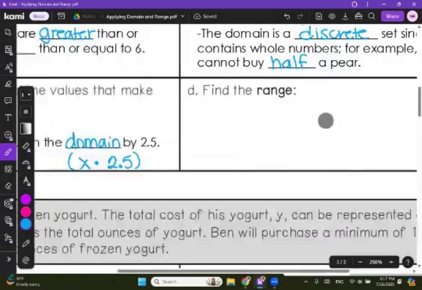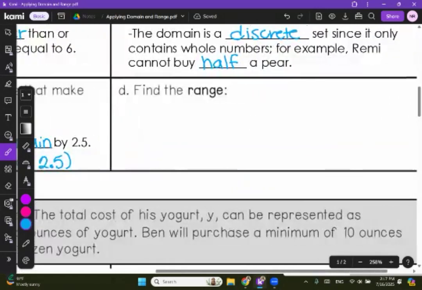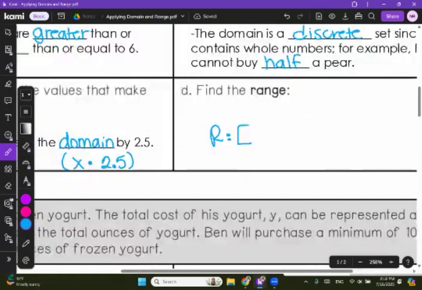They actually want us to find the range. Well, let's do it then. If we were to purchase 2 pears, 2 times 2.5 is 5. If we were to purchase 3 pears, 3 times 2.5 is 7.5.